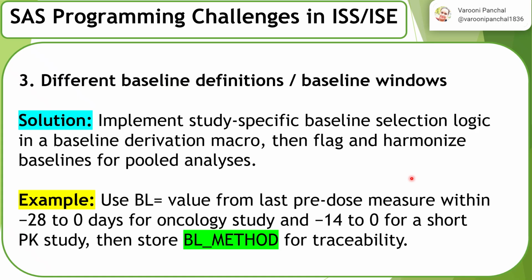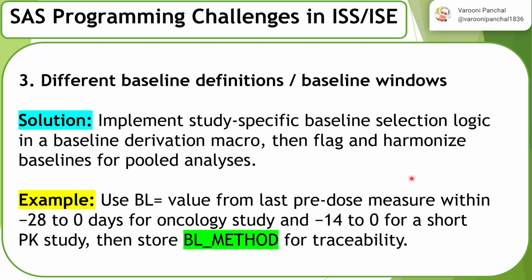Once that is confirmed, I will try to harmonize and come to a basic definition that matches, or is somewhat equal, in most of the 12 individual studies. So I have to harmonize and pool that analysis so that I get the right results.